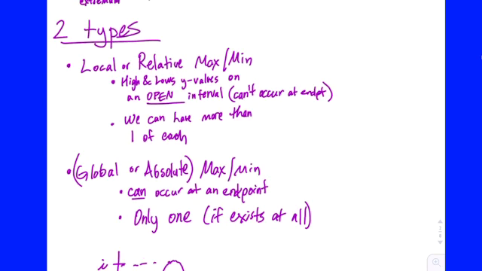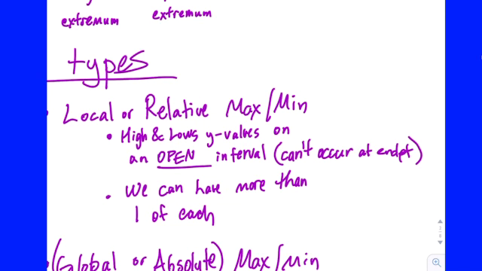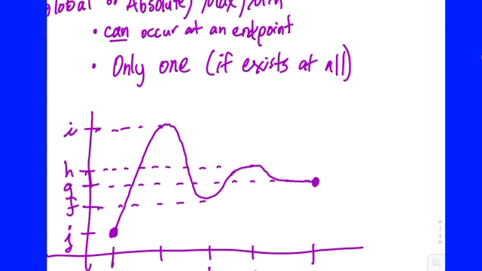For all practical purposes, local maximums for continuous functions are going to occur on the hills. And the local minimums are going to occur in the valleys for continuous functions. So how many hills and valleys do you see here then? 3, right? 2 hills and 1 valley for a total of 3, right? When I say extrema, I mean maximums or minimums. So there should be 3 local extrema.